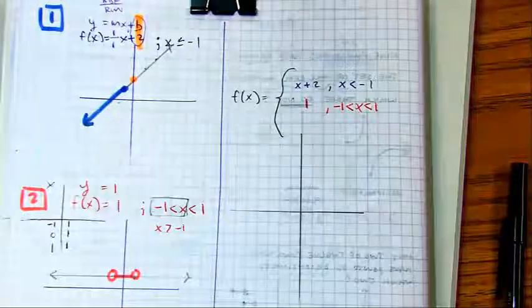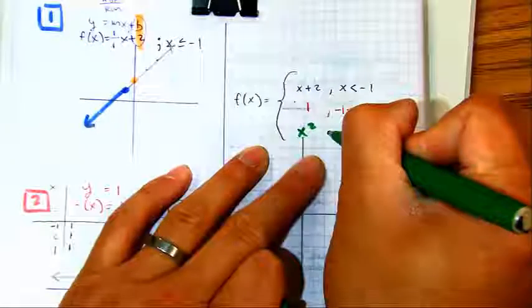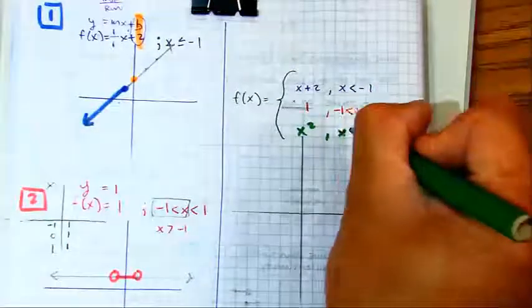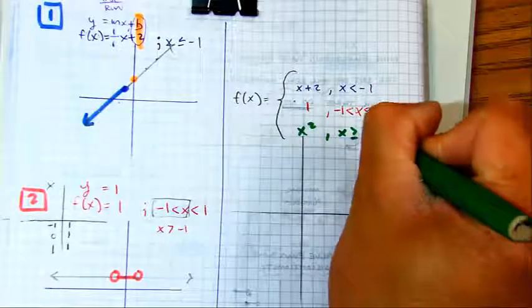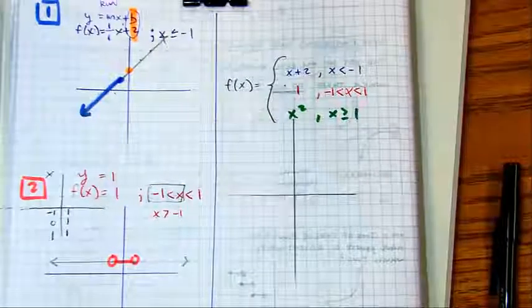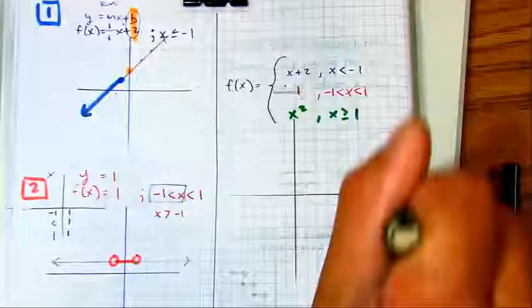And my green one was x squared, comma or colon, semicolon. Okay, so what do we do? You're actually going to graph, instead of graphing them 3 separately, you're going to be graphing them together.